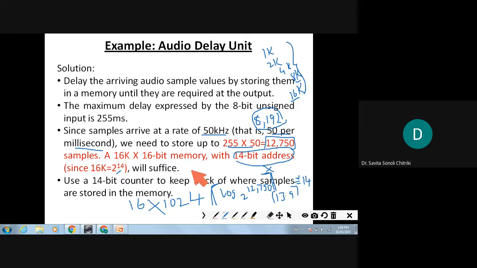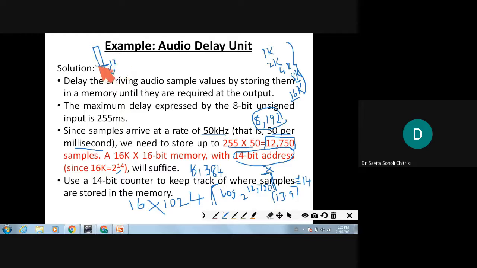16K into 1024 is 16,384. Even though you have the full memory of 16,384, I will be needing only up to 12,000.